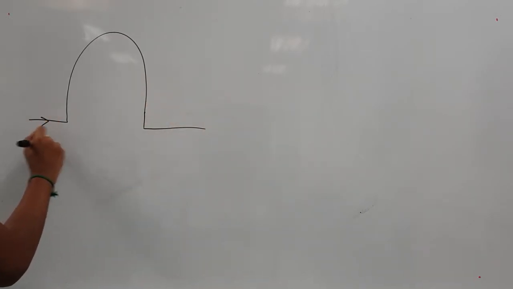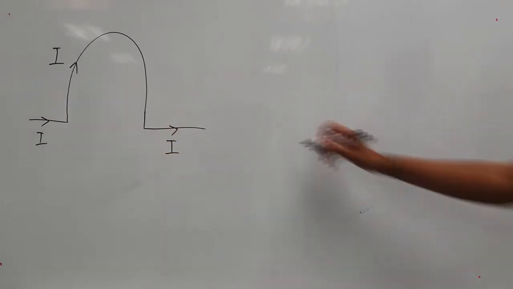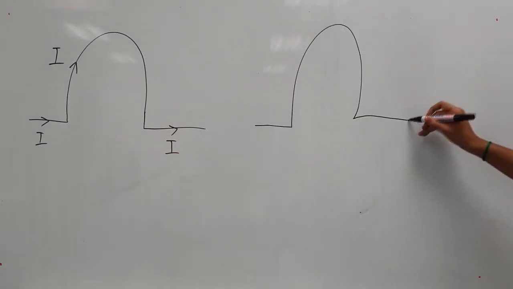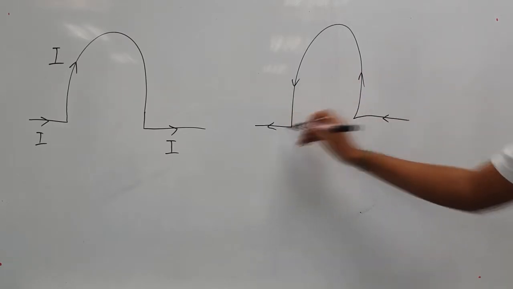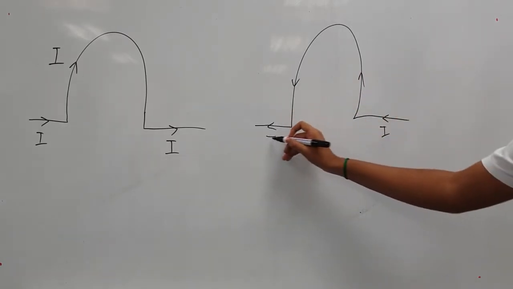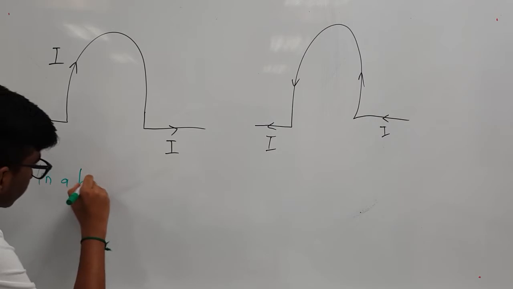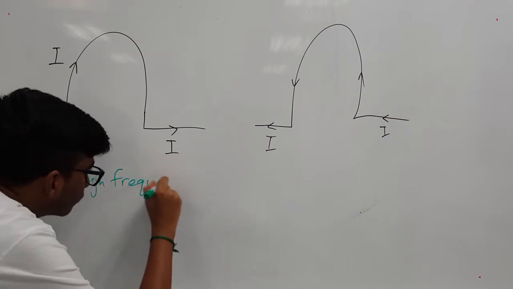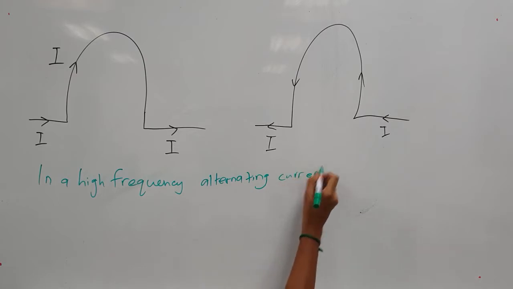Now, let's look at how the concept of induction heating came about. As you can see, we have two loops of wires in which currents are traveling in opposite directions. Now, in a high frequency alternating current, the direction of the magnetic field will rapidly oscillate and reverse itself.